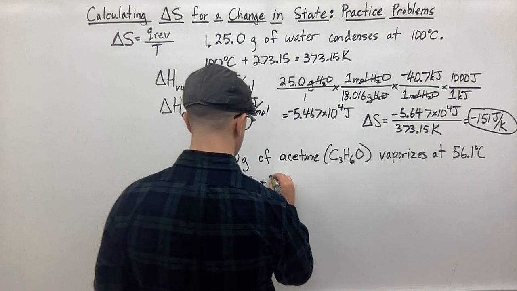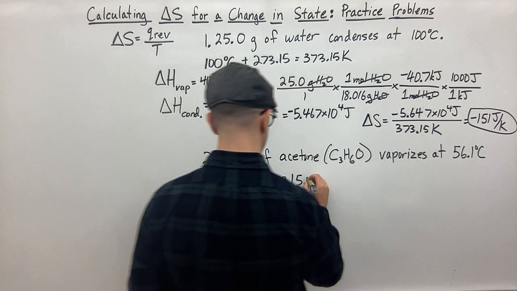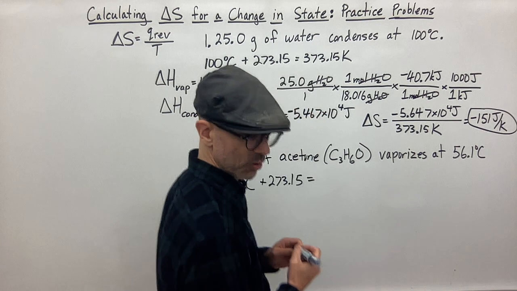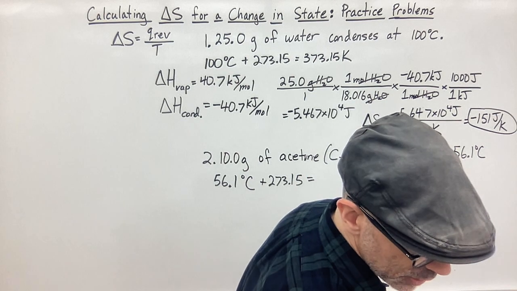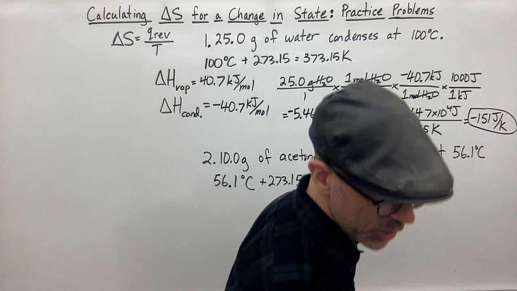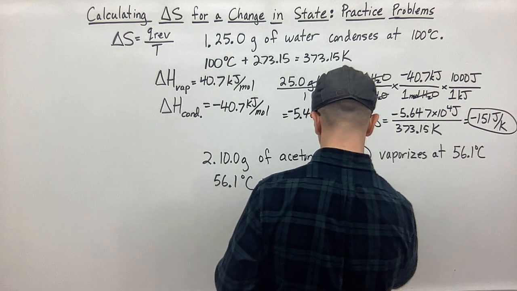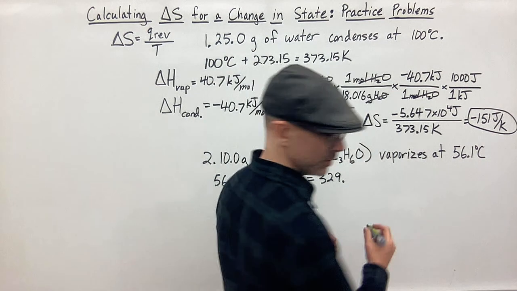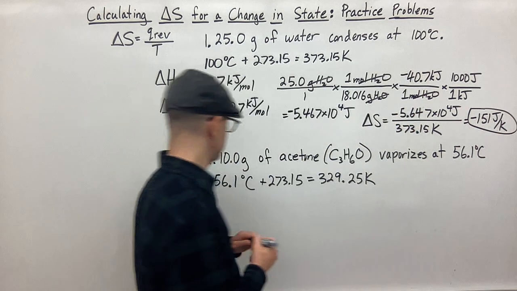We're going to add 273.15, and that gives us 329.25 Kelvin. So now I have the temperature.